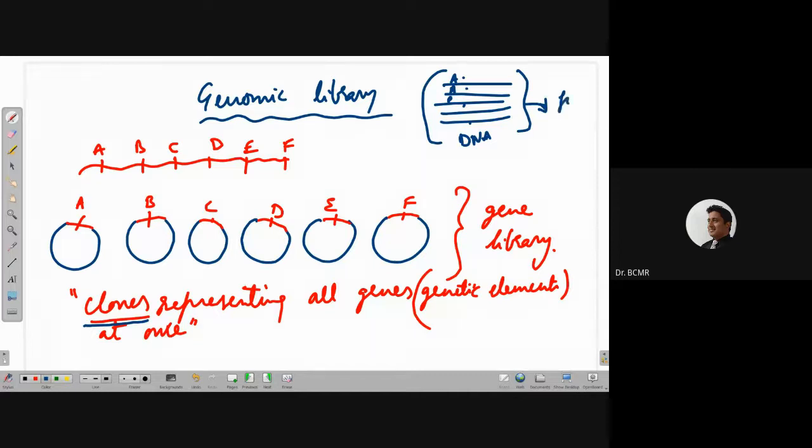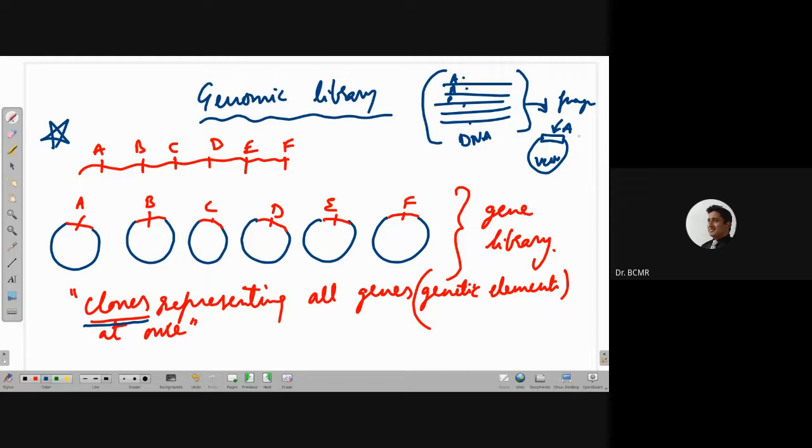Then you fragment it and try to clone it in plasmid or any of the vectors. What I have described here is theoretical, the ideal situation. When we do it practically, some of them may get cloned often, some of them may not be cloned often.